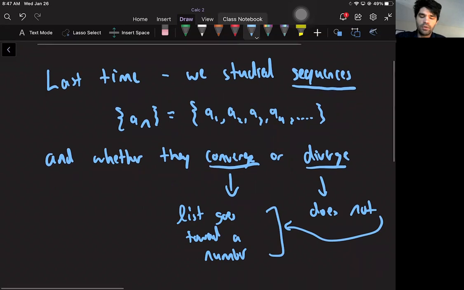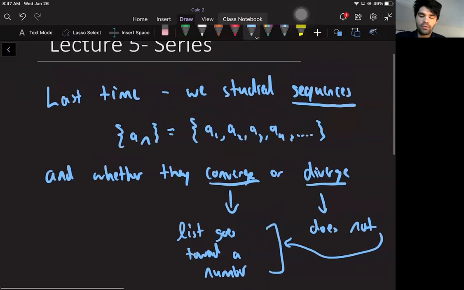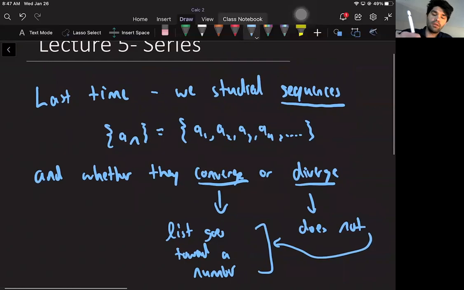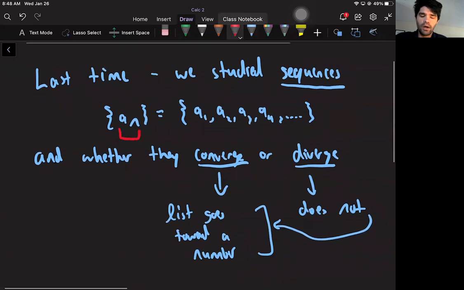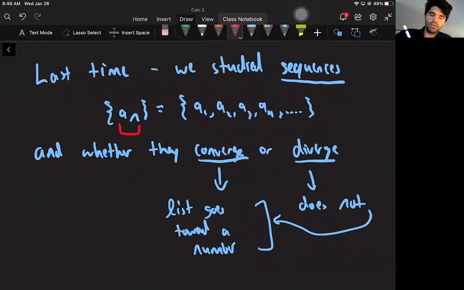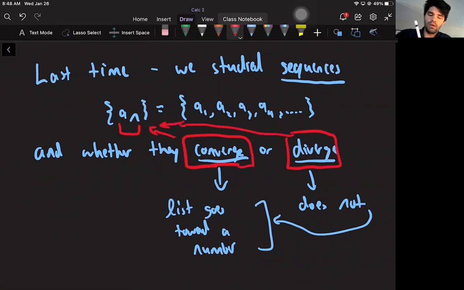So just lists of numbers that usually have some sort of pattern that they follow, based on the fact that you can write the nth term using some kind of formula. When you figure out this convergence or divergence business, you basically always deal with this formula, if it's given to you, or you figure it out and then deal with it.